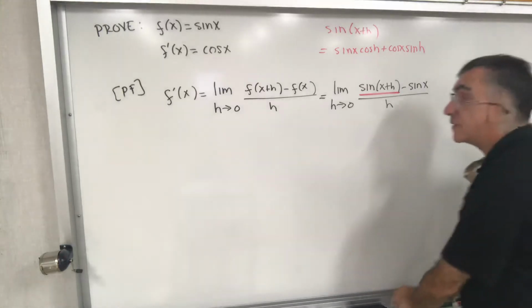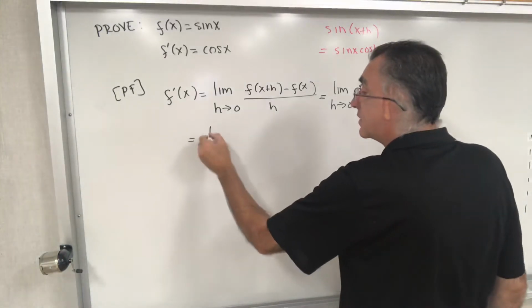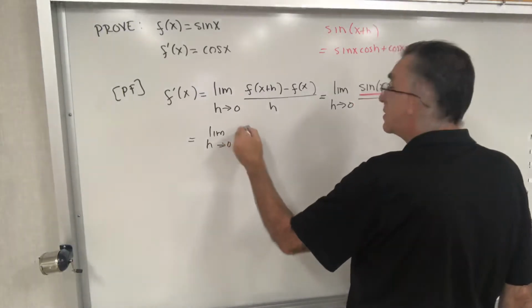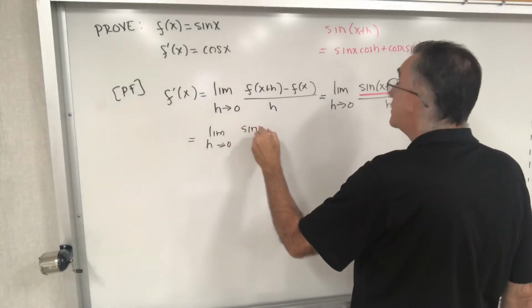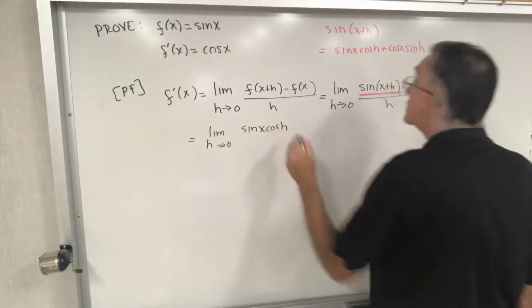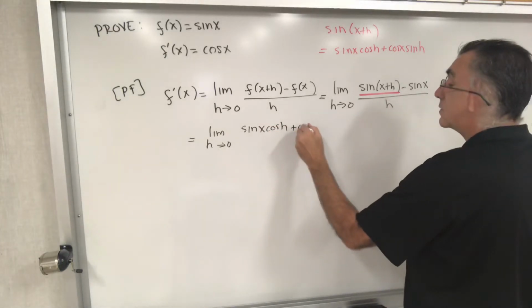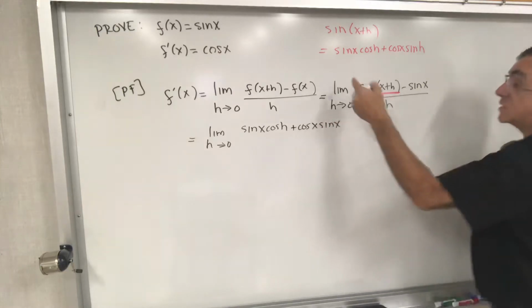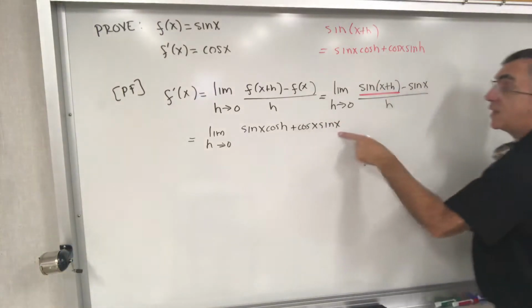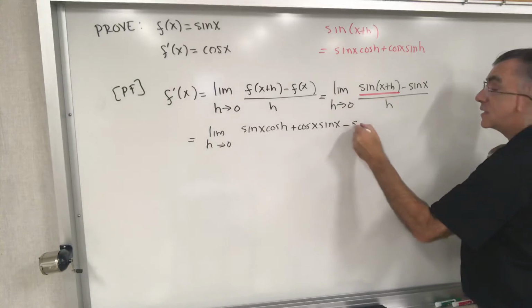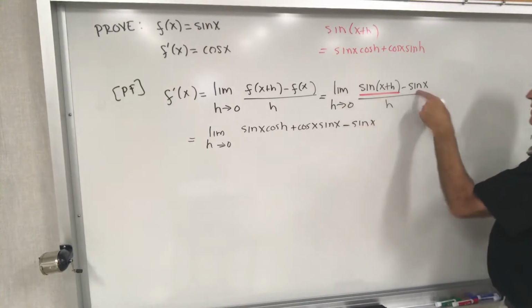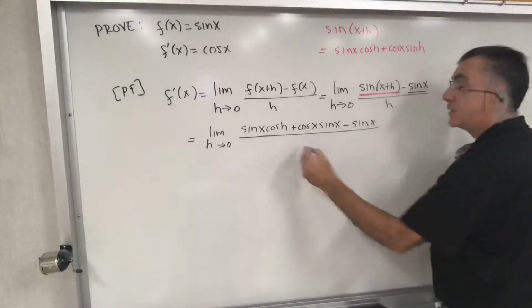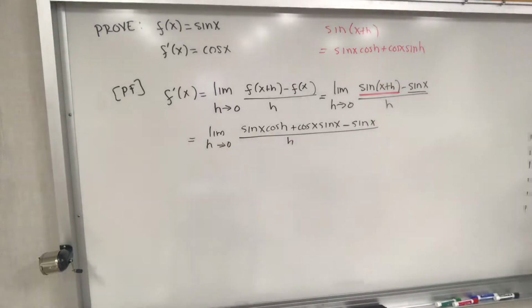So what do I get then? So then I have the limit as h goes to 0 of the sine of x cosine h plus cosine x sine h. So I expand that out, and then don't forget the minus sine x here, and then all over h.